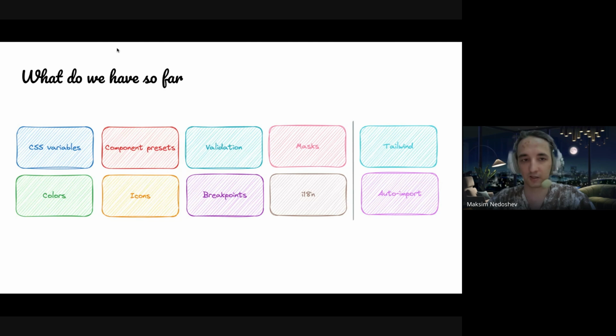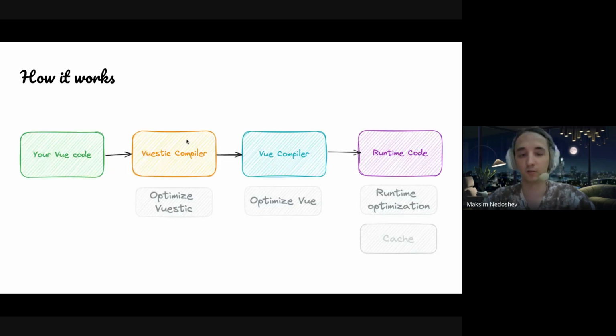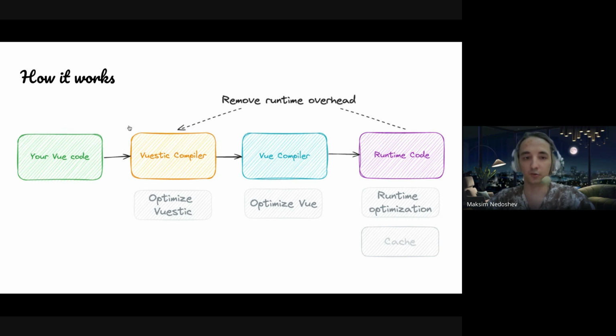So this is why we made Vuestic Compiler, which will give us framework developers more freedom and control over your developer experience. So how does it work? Basically, we move some of the Vuestic features to build time from runtime, saving your bundle size and removing extra runtime overhead.